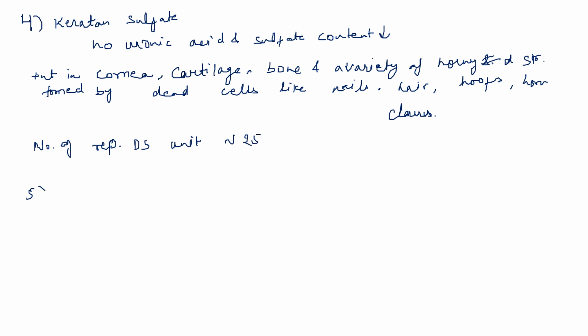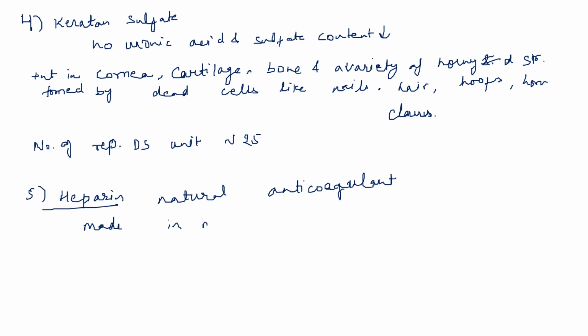The next example is heparin. We all know that it is a natural anticoagulant, which prevents blood clotting, and it is made in mast cells.